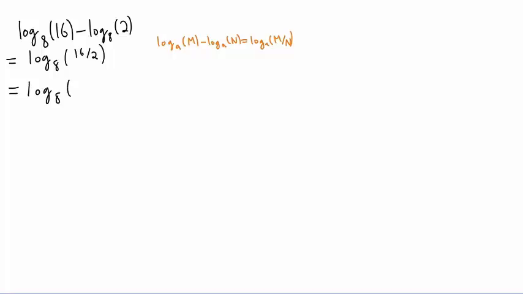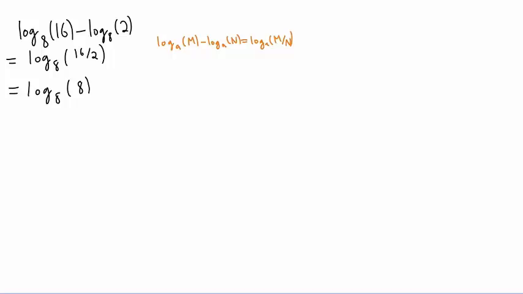Arguments are positive, so that rule about a difference of logs applies here, and we have it equal to the log of the quotient, 16 over 2, which of course is the log base 8 of 16 over 2 equals 8, log base 8 of 8.